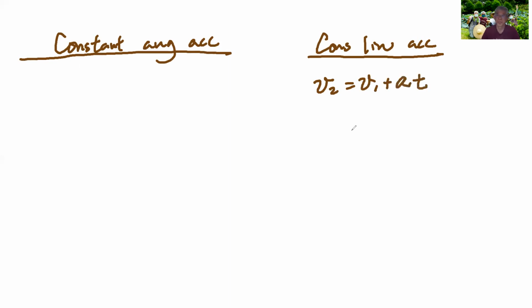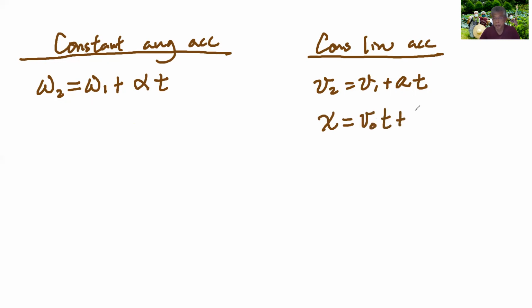On this side we have omega 2 equal to omega 1 plus alpha T. T is the same. The second formula is X equal to V0T plus 1/2 AT squared.